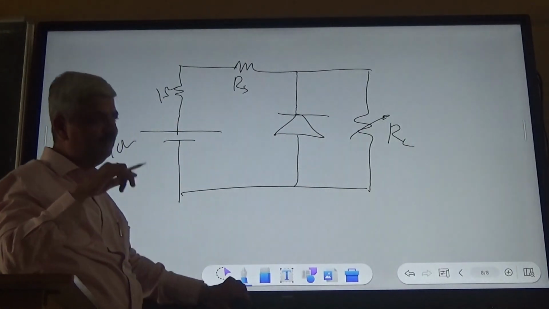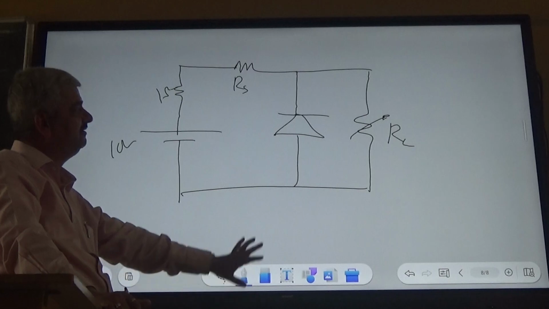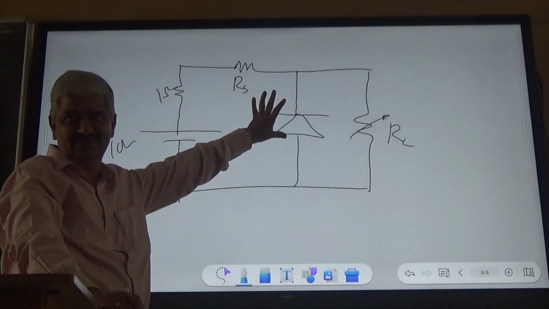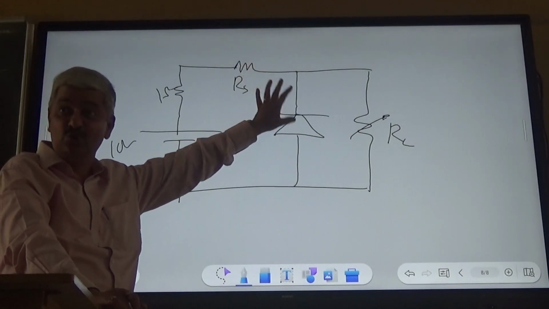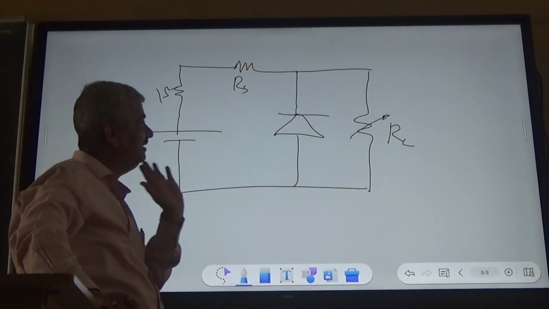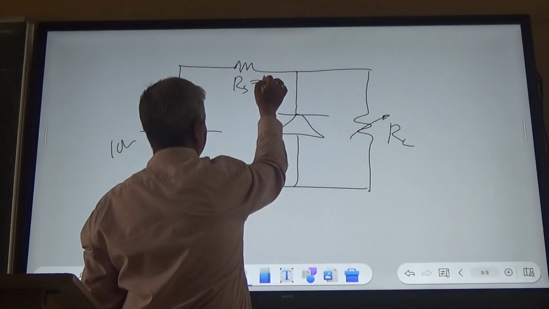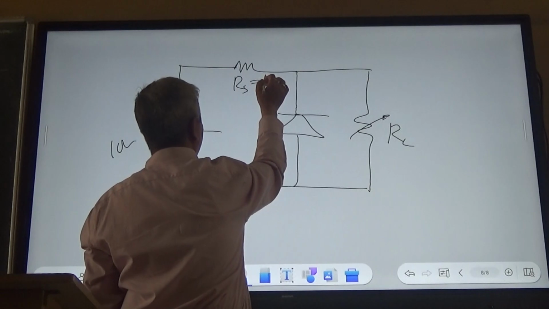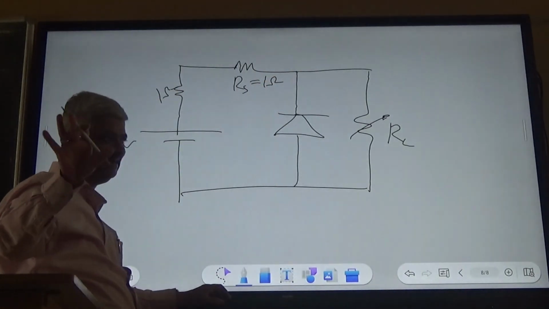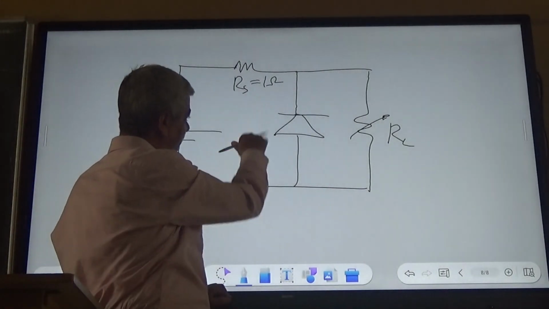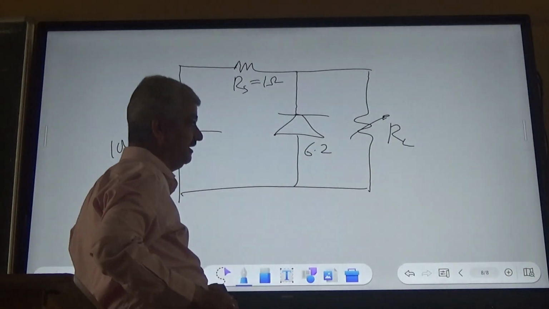There is one simple and small problem with the Zener shunt regulator: the Zener ratings are odd. So 6.2, 5.1, 4.7, like that. So we get those voltage regulators. Now if it is like this and let us say that Rs is 1 ohm and this I put as 1 ohm. So Rs max right now you ignore. This would be a 6.2 volts Zener.